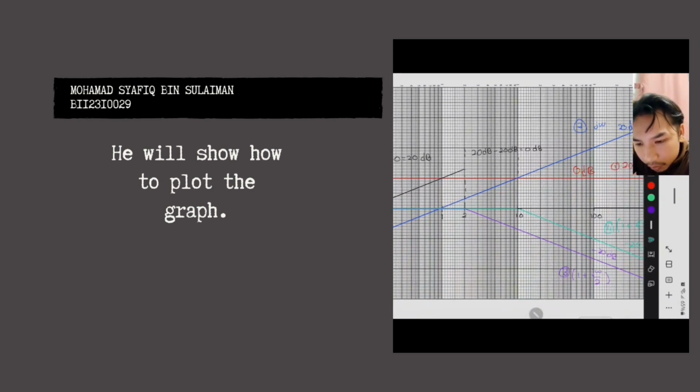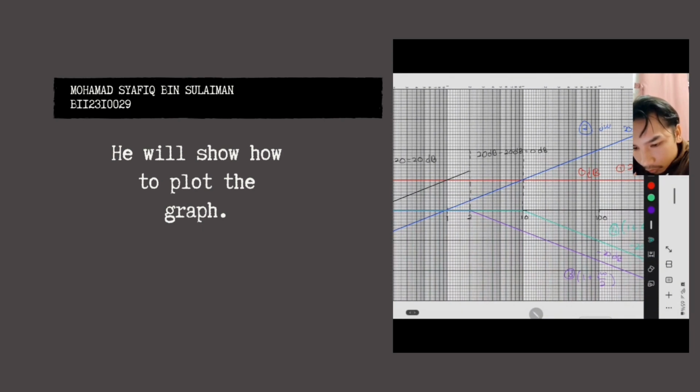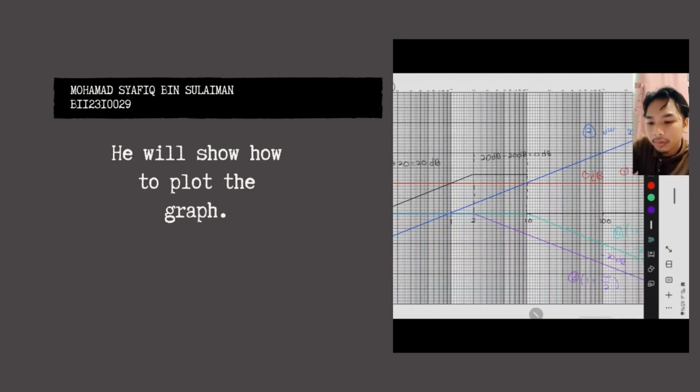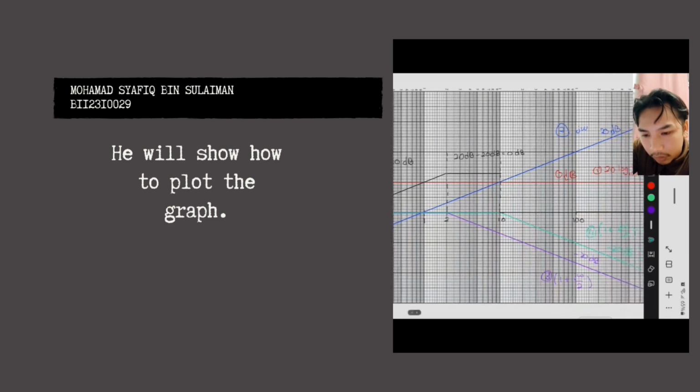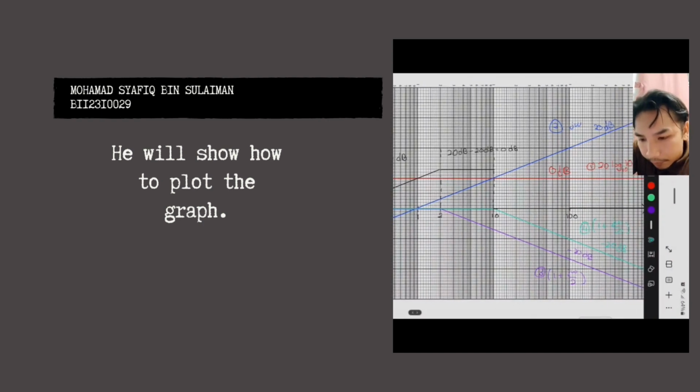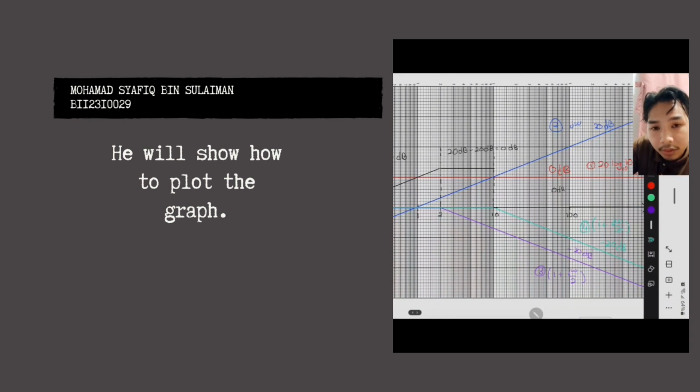Before that we must take a line, because it starts to change at 10. Alright. Then the last part is our slope. The current slope is 0 dB.